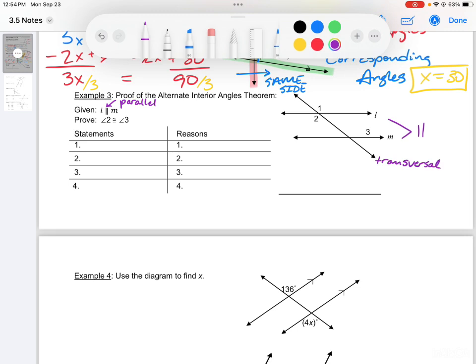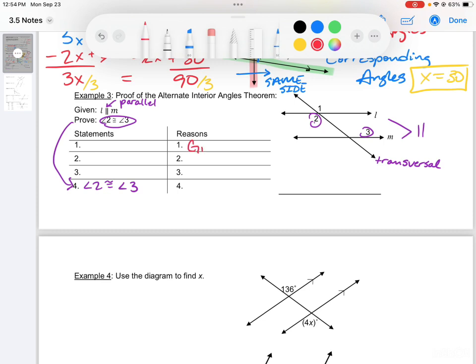So that means there's a lot of angle relationships that we can recognize here. But ultimately, what it wants us to prove is that angle 2 is congruent to angle 3. That's the final thing we're trying to prove, is that these two are equal.